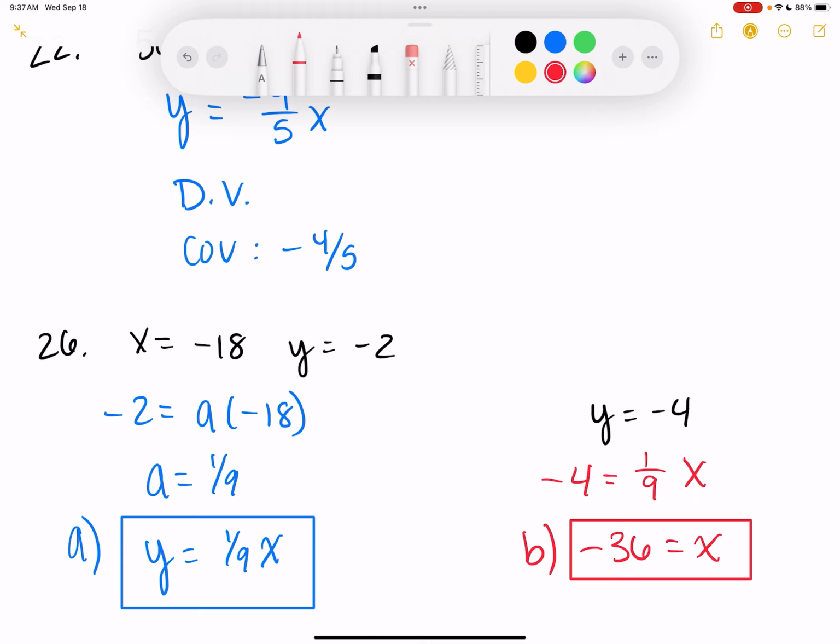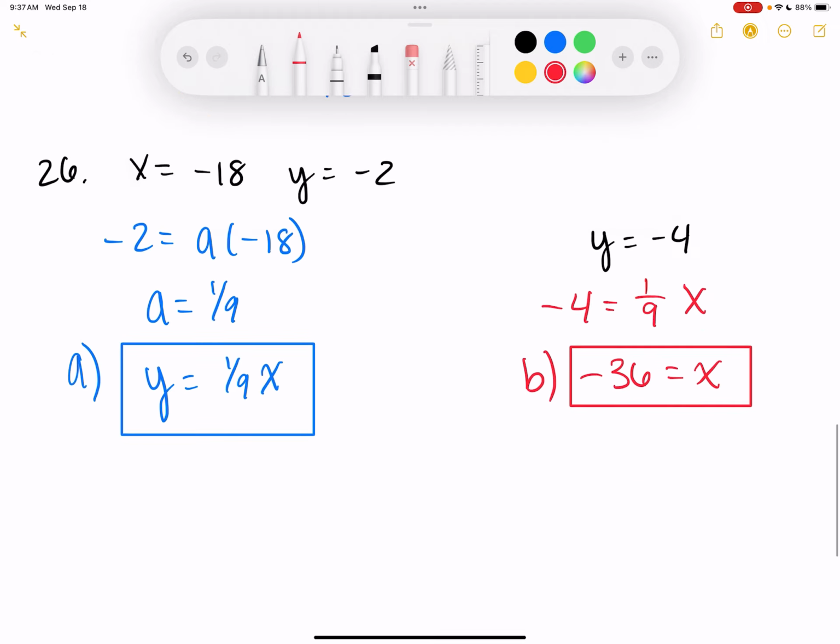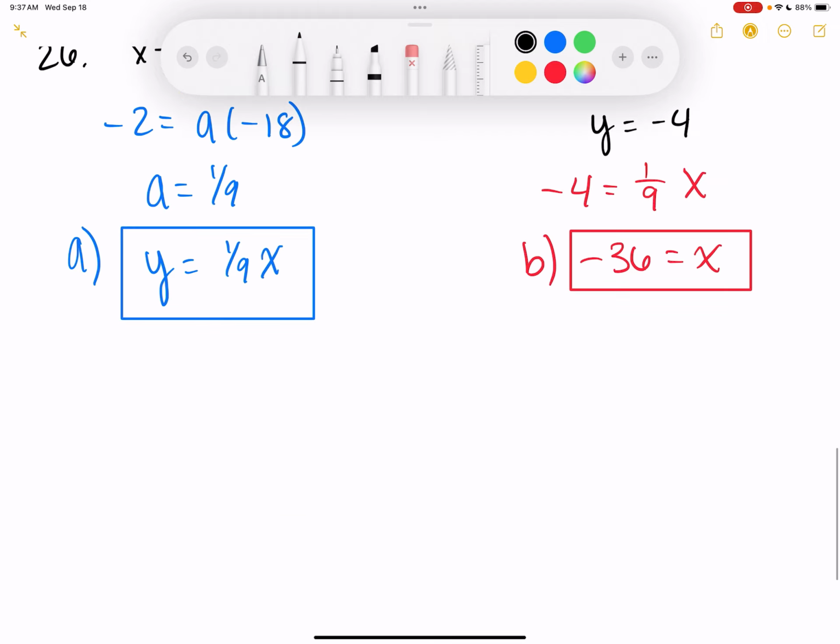All right, the next ones give us a table. They say tell whether the data in the table shows direct variation. If so, write an equation relating x and y. So we have an xy table.